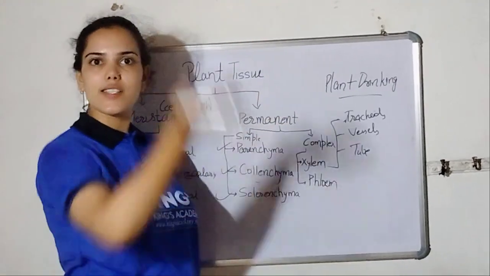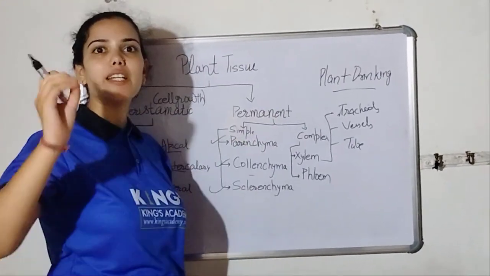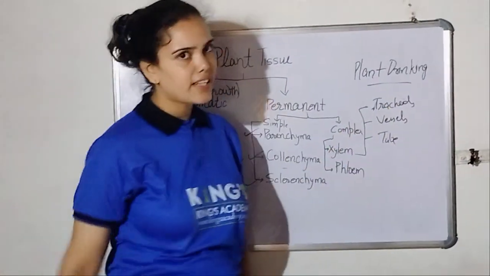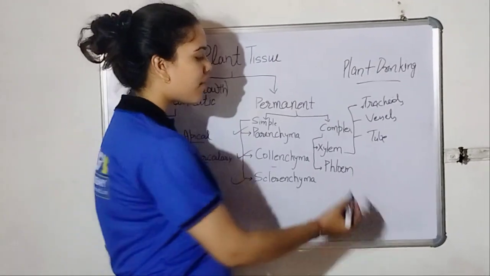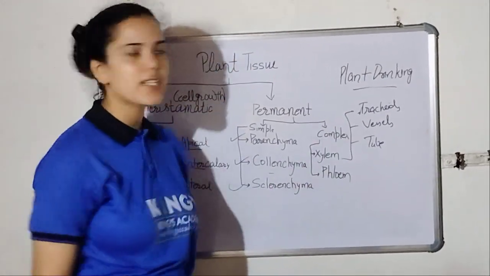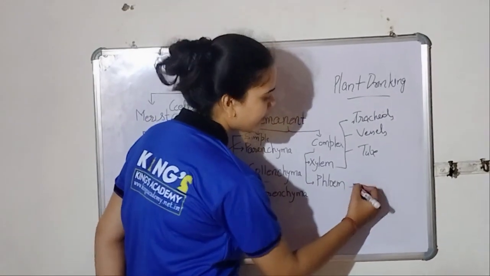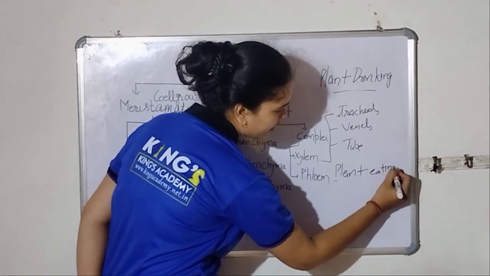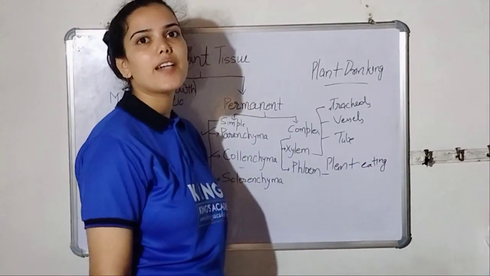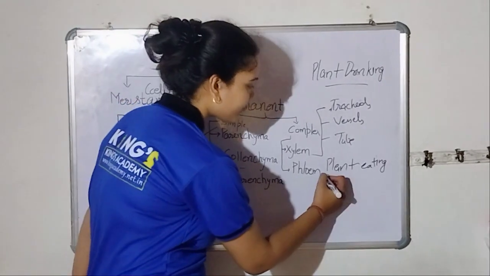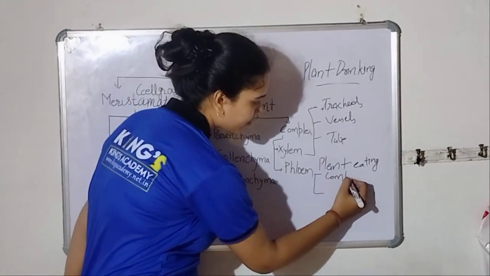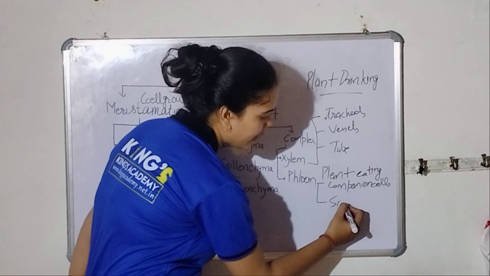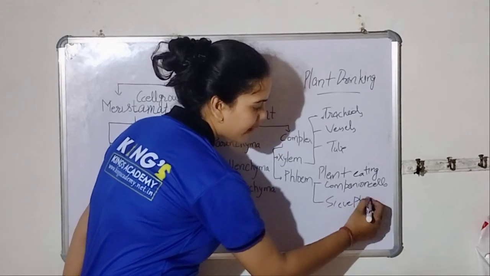Xylem movement is upwards, and the phloem movement is from the leaves to all sides, right? These cells are known as tracheids, vessels, and tubes. After that, the other complex tissue is phloem, which is known as plant eating. Phloem cells are divided into companion cells, sieve plate, and phloem parenchyma.